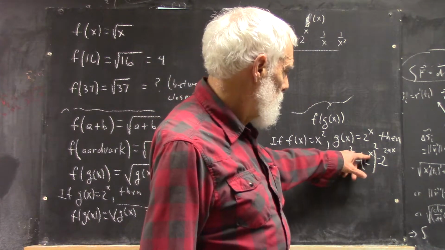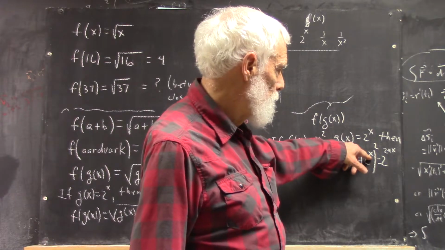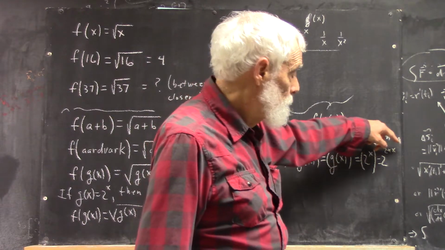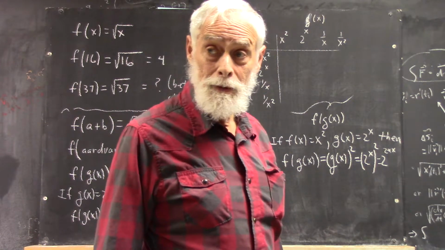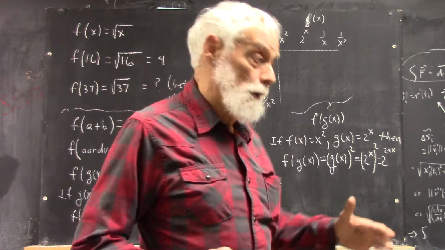So you multiply the powers. You got the power x. You got 2 raised to the power x, and that's raised to the power 2. You multiply those powers. Okay? Reasons that you really need to work to understand.